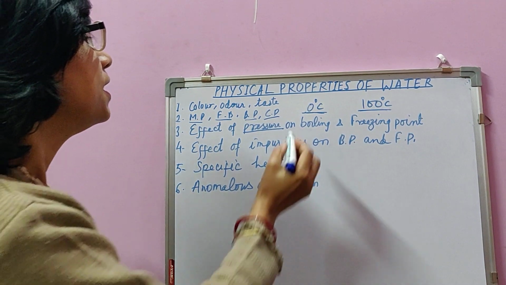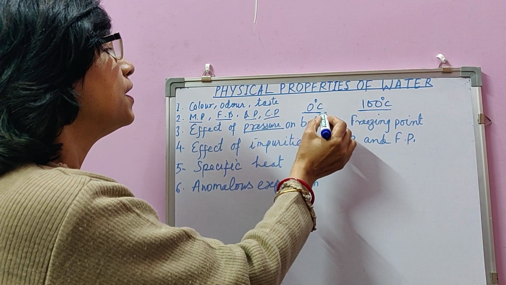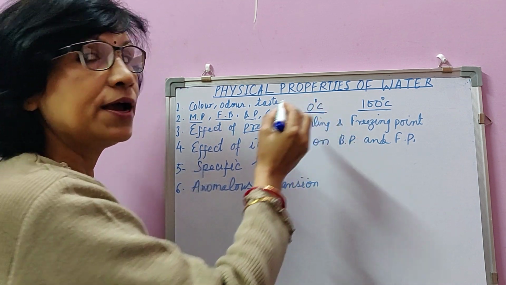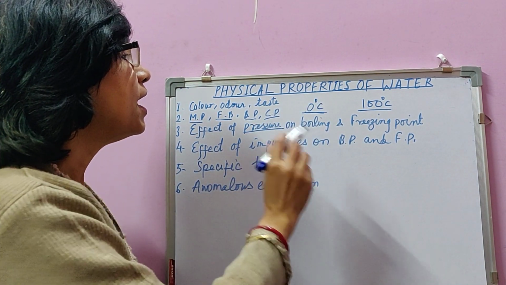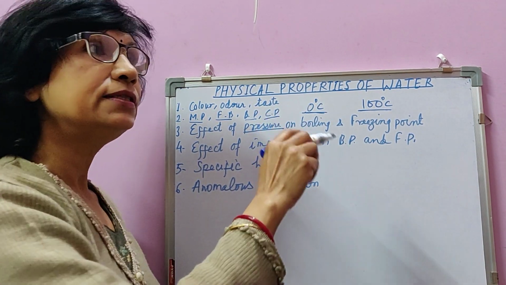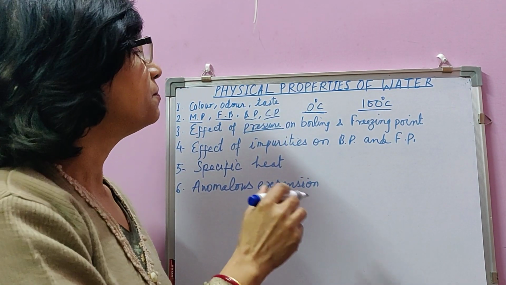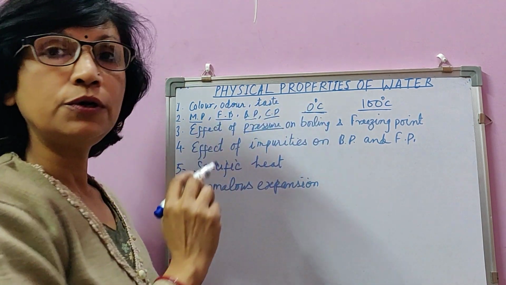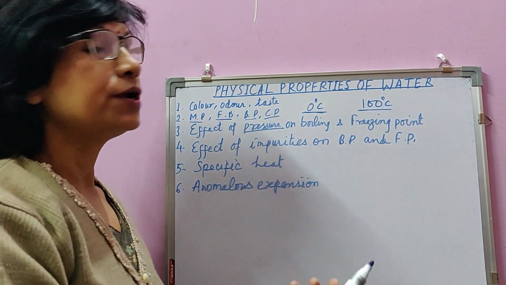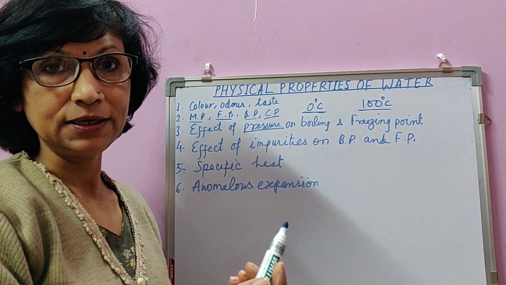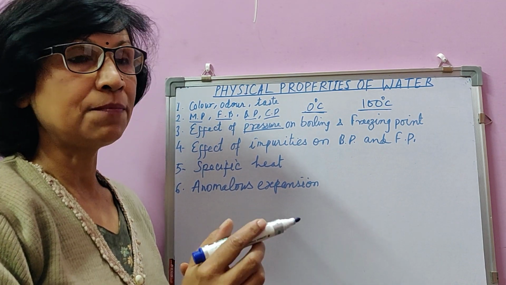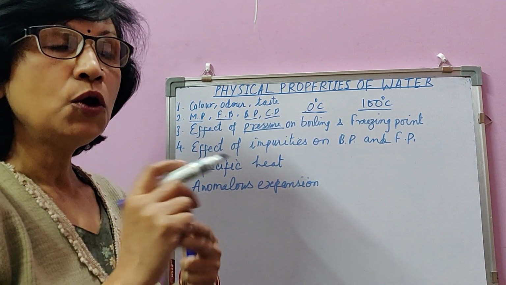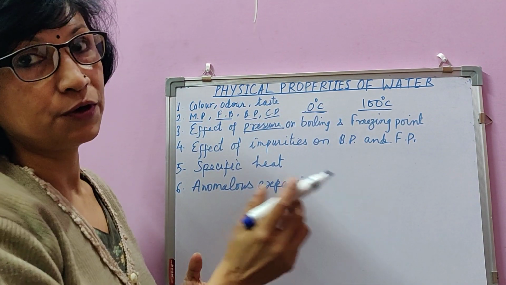The meaning is, at 0 degrees Celsius, if water's heat is taken away, then it converts to ice of 0 degrees Celsius, and if ice of 0 degrees Celsius is given heat, then it melts to become liquid water. So melting point is also 0 degrees Celsius and freezing point is also 0 degrees Celsius. Both processes take place at the same temperature. The difference is whether heat is being absorbed from water or heat is being provided to the water.